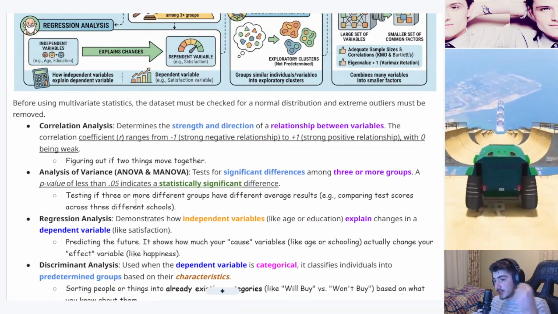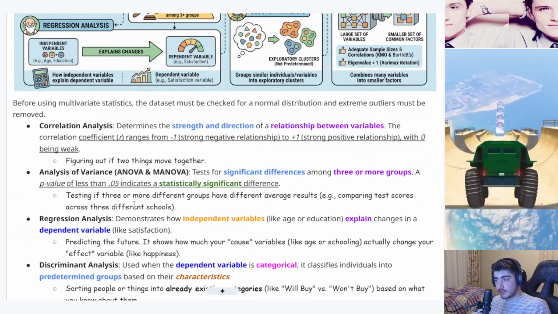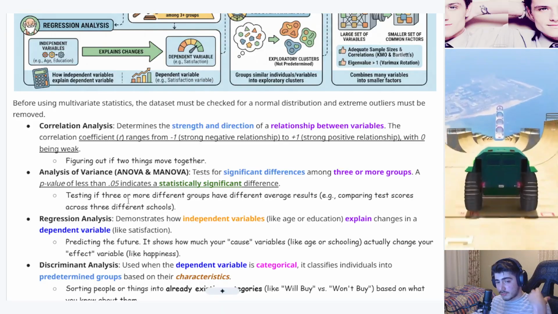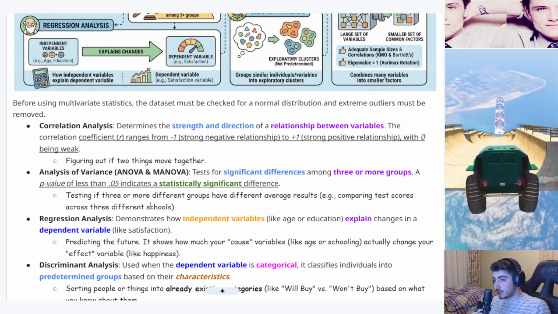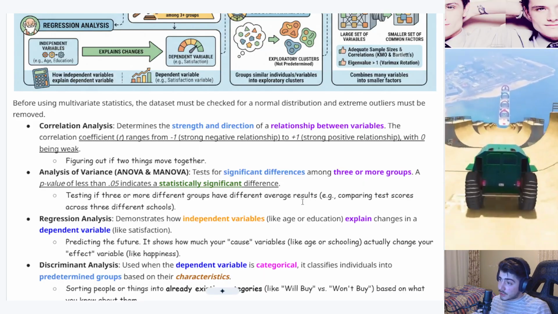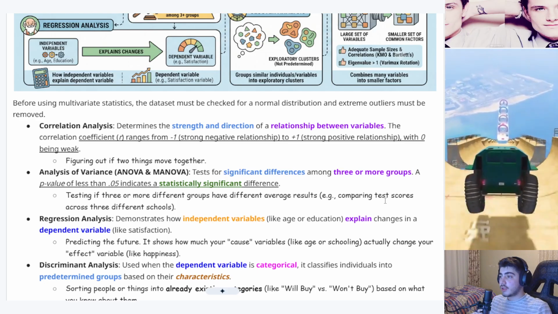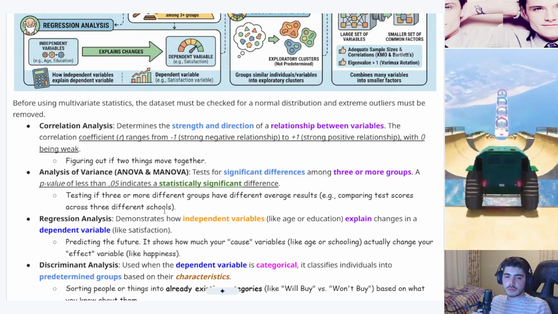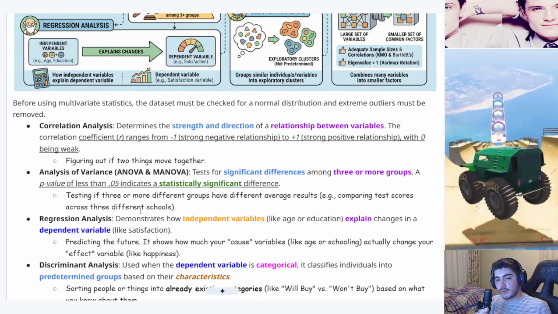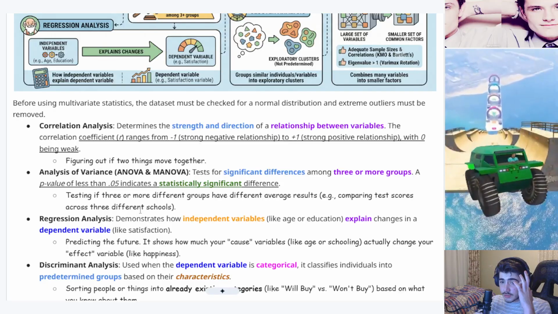But if it's more than 2 groups, we use an ANOVA, testing if 3 or more different groups have different average results or not. For example, test scores across 3 different schools. Is this school performing better than the others or not?